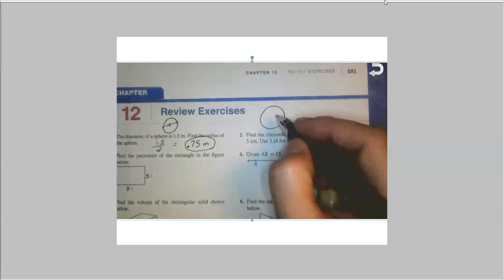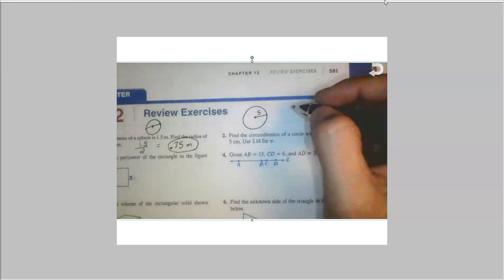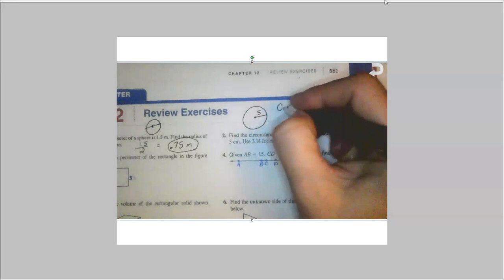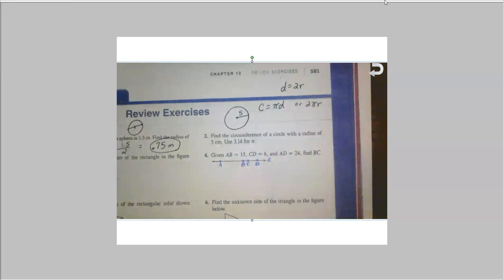We are given that the radius is 5, okay? So there's two formulas that we can look at, but they mean the same thing. Circumference is pi times diameter, or 2 pi r, okay? And we can use either one of those because one diameter is the same as 2 radii, plural for radius.